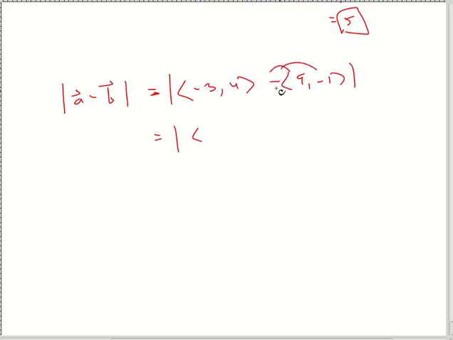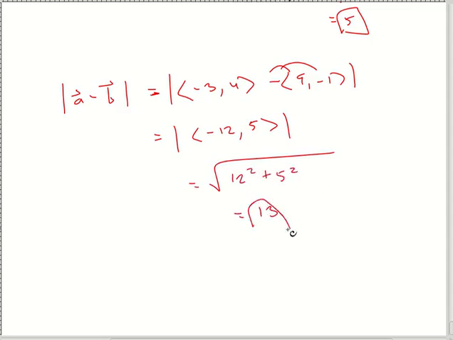So negative 3 minus 9 is negative 12. 4, two negatives make a positive, so 4 plus 1 is 5. And so when I find the magnitude of this, it's simply the Pythagorean Theorem, and it turns out to be 13. A 5, 12, 13 triangle, which is just nice.